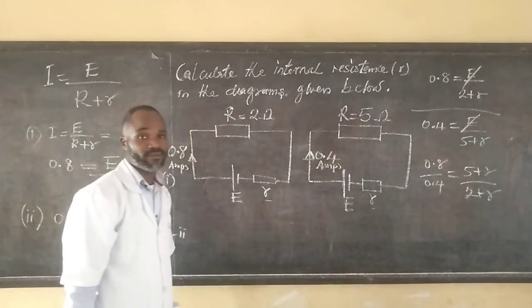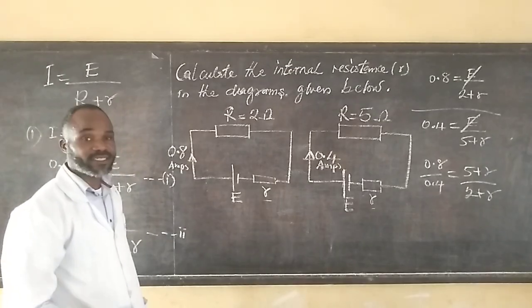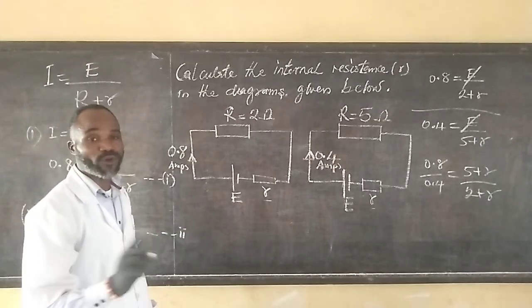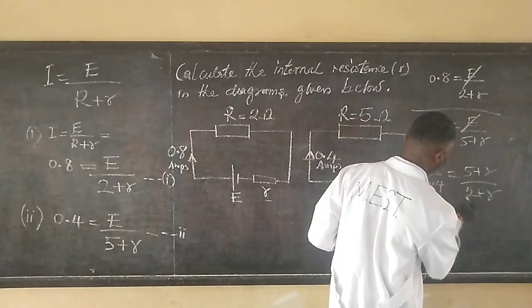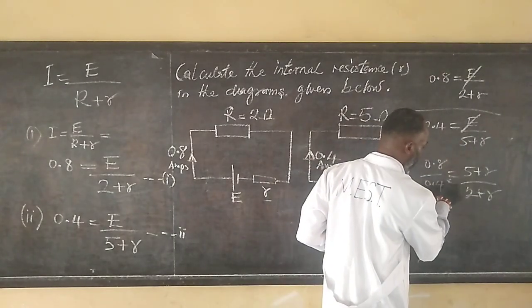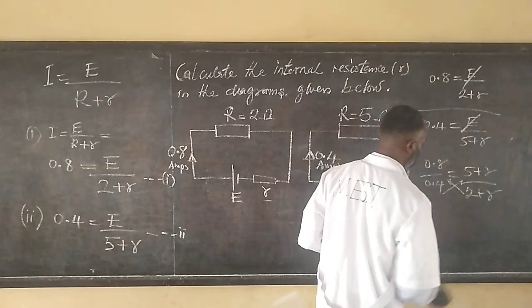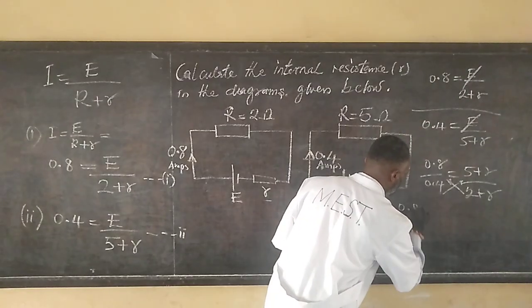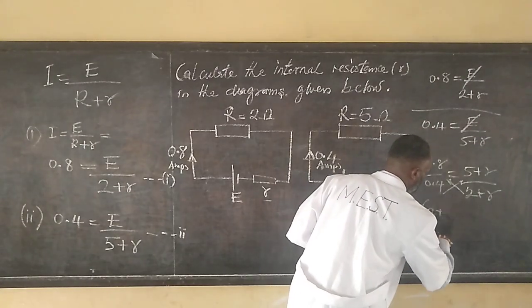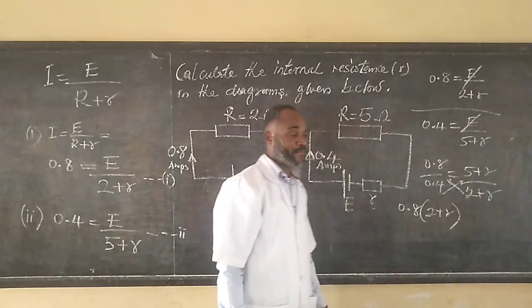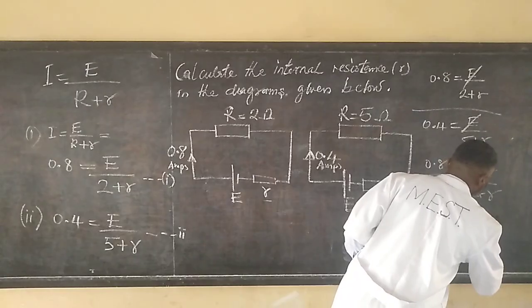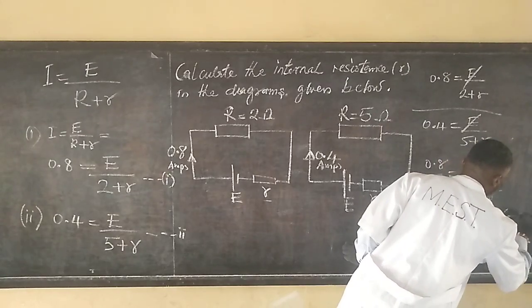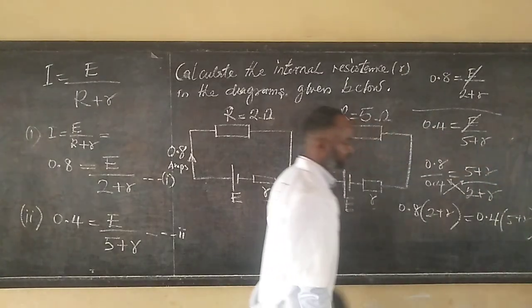The next thing we are going to do is simple cross multiplication. Once we do that, our answer will appear. It becomes 0.8 bracket open 2 plus r, and 0.4 bracket open 5 plus r.